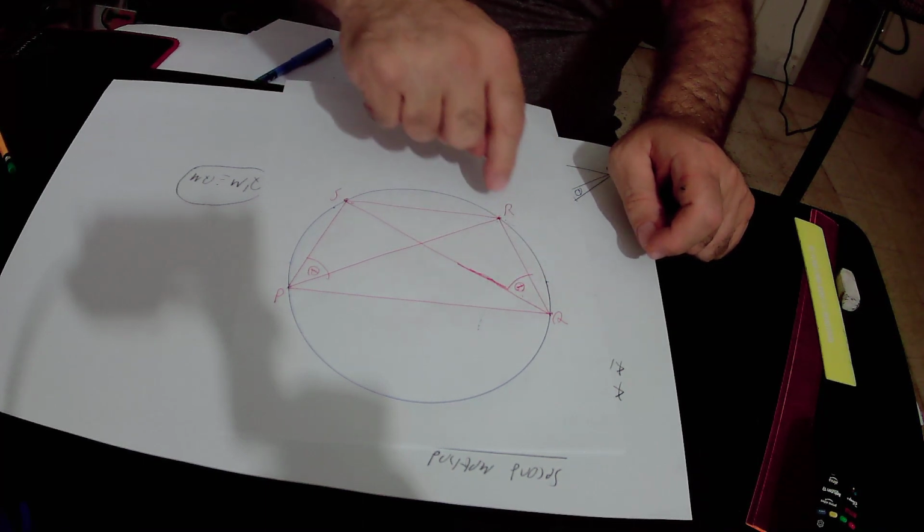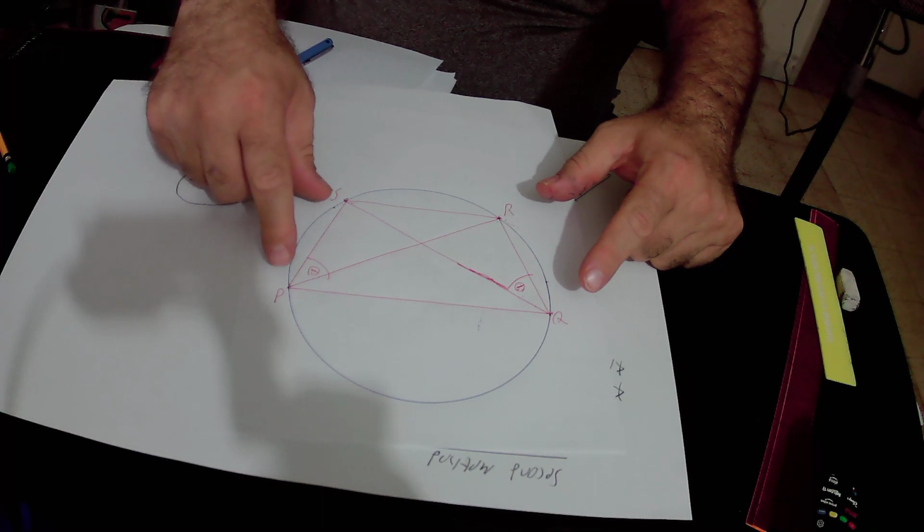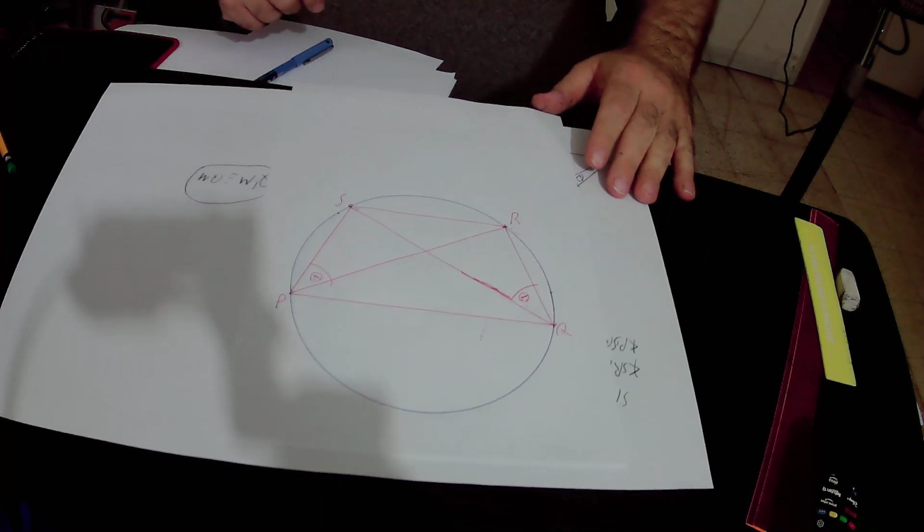As you can see, the 4 points lie on this blue circle.